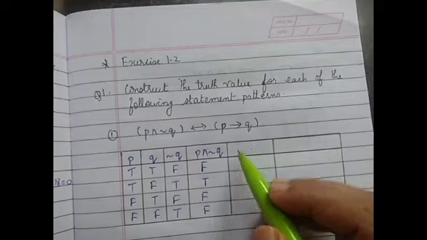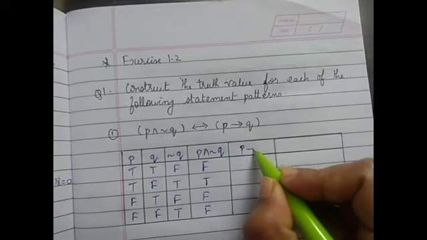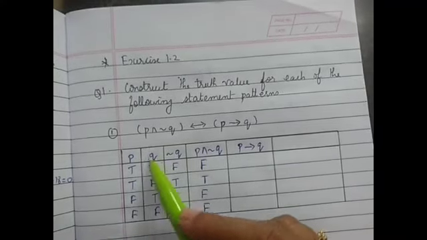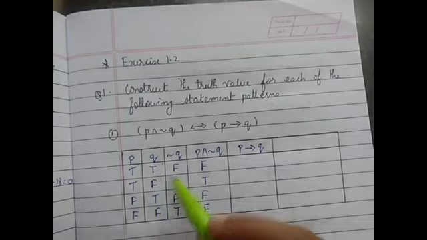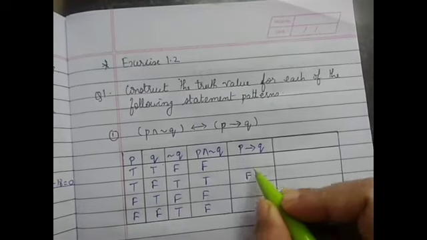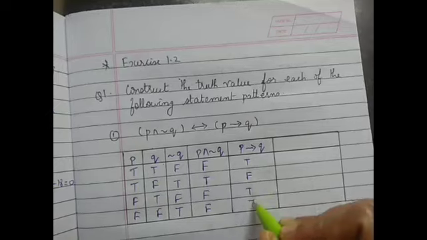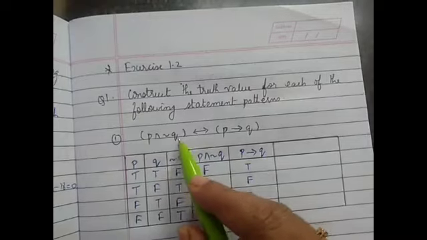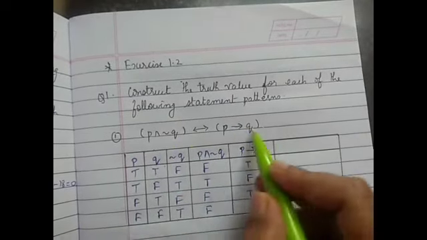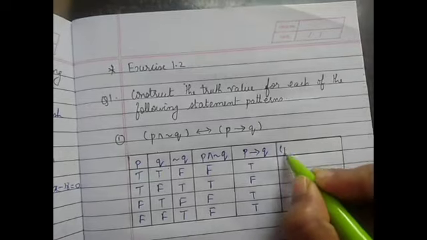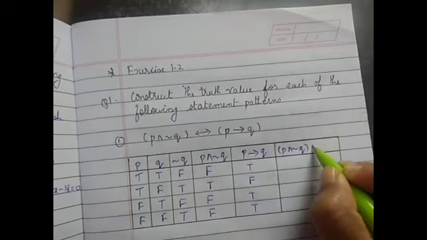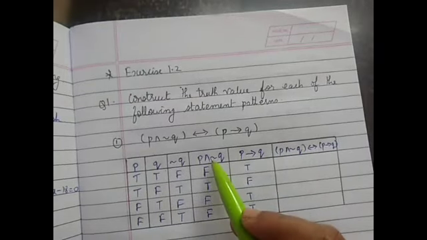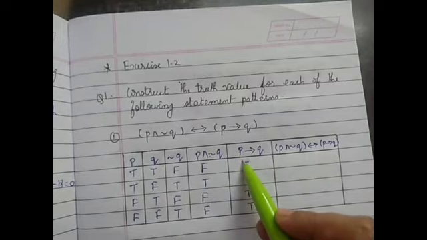Then next column is P implies Q. So in P implies Q we'll see first column, second column, we'll see TF, TF is F, remaining are T. This we have written from the standard truth table. Then we'll write last our given question, P and negation Q if and only if P implies Q. So here we'll see column 4th and 5th column.